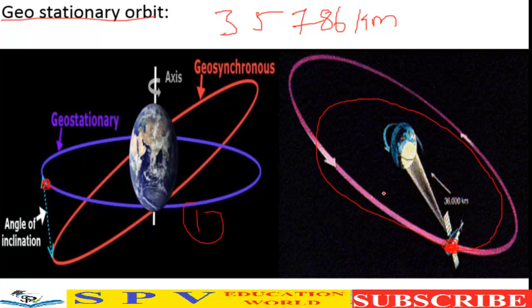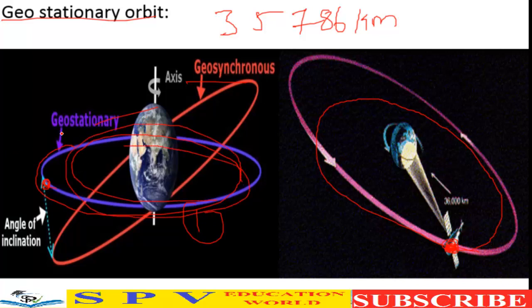So it will always be watching the same place. So here friends, this is geostationary orbit and geosynchronous orbit. What is the difference between both? Both are at the same distance friends, but geostationary orbit is over the equator. It will be mostly straight above the equator, and it is called geostationary orbit. If it is slightly inclined at an angle, it is called geosynchronous orbit. That is the difference between geostationary and geosynchronous orbits.